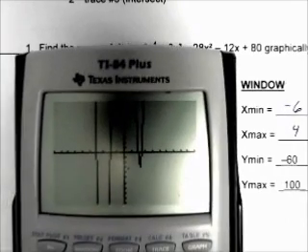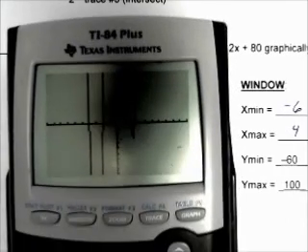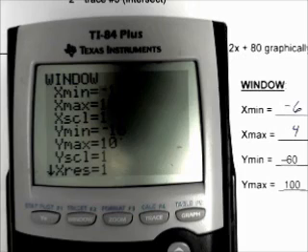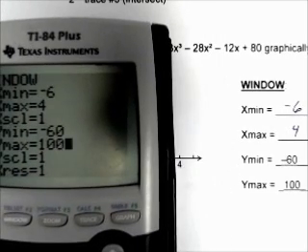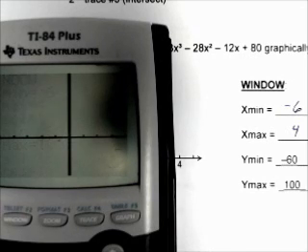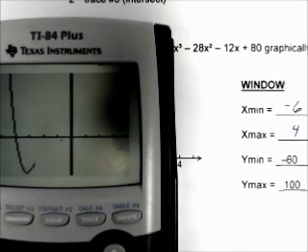So now let's press the window key, and the x min is -6, max 4, arrow down to y min, which is -60, and max is 100. Press graph now, and there we have it.